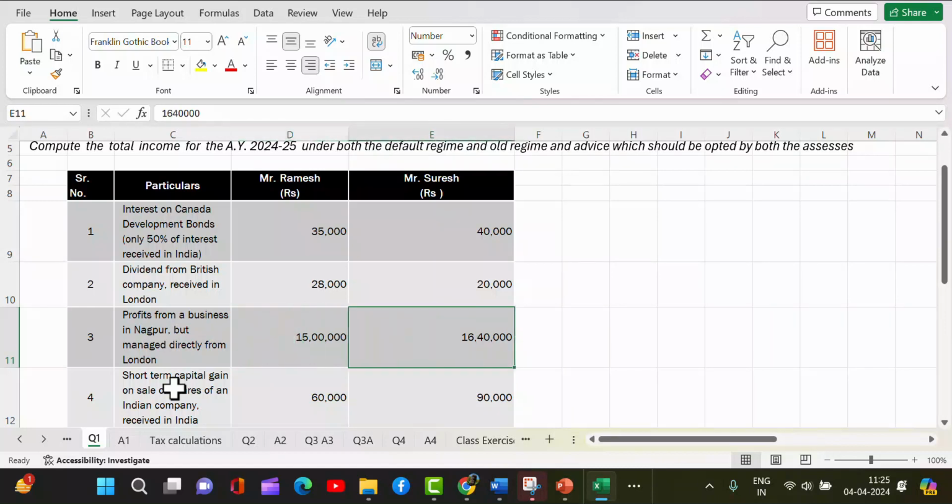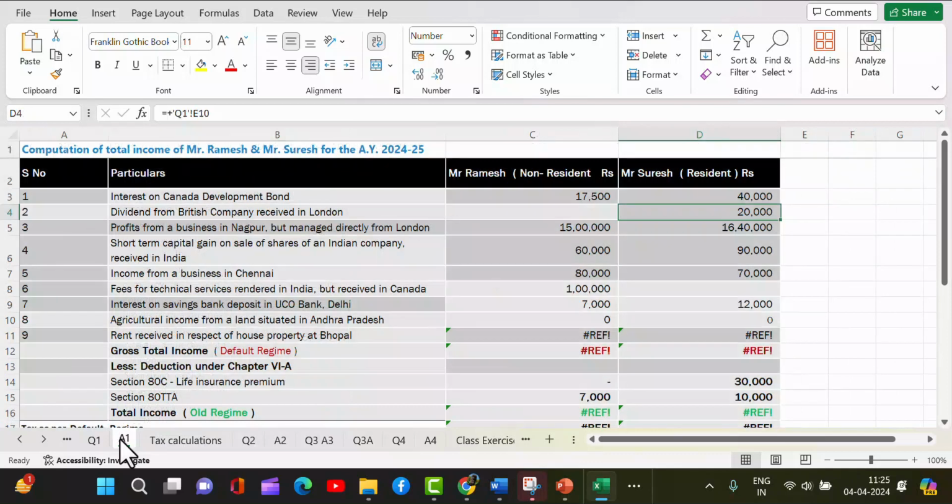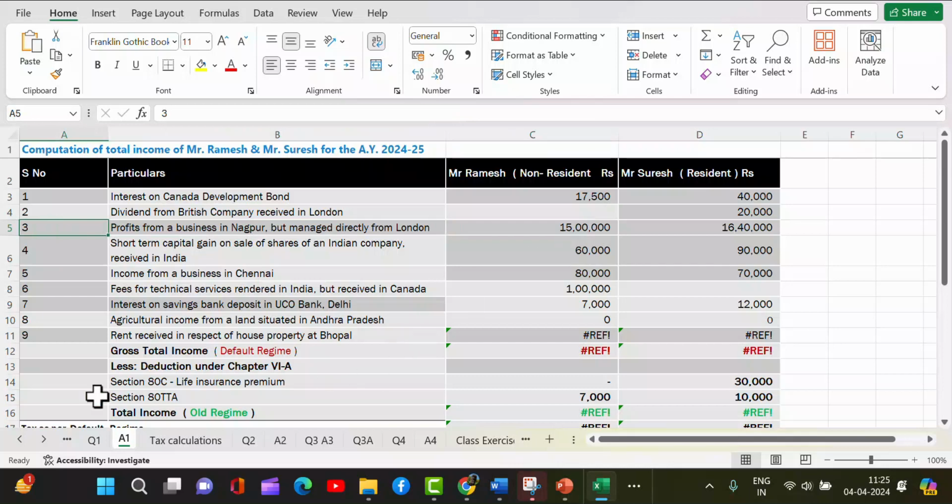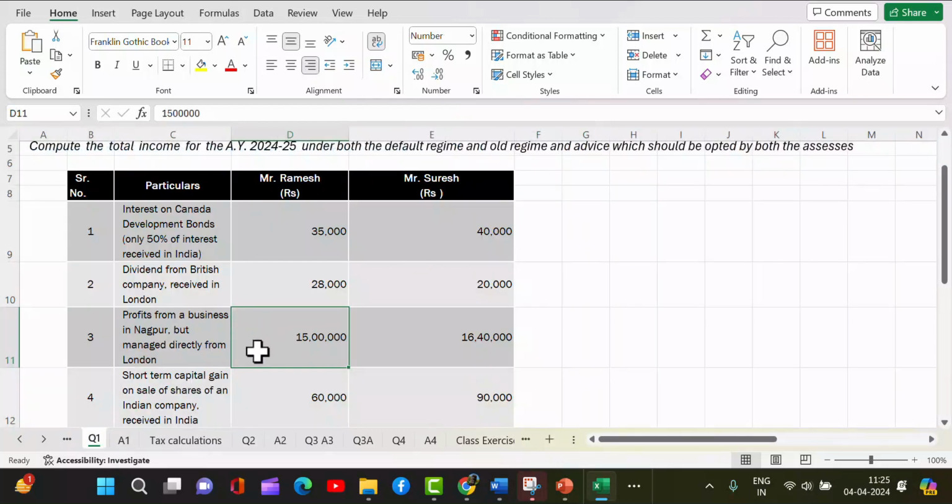Suresh has to pay tax because it is an Indian company, and I think Ramesh also, because the business is in Nagpur, so it would be a registered Indian company. So both are going to pay tax. Manu, is it clear to you? Yes, sir, it is situated in India, so we have to pay tax.